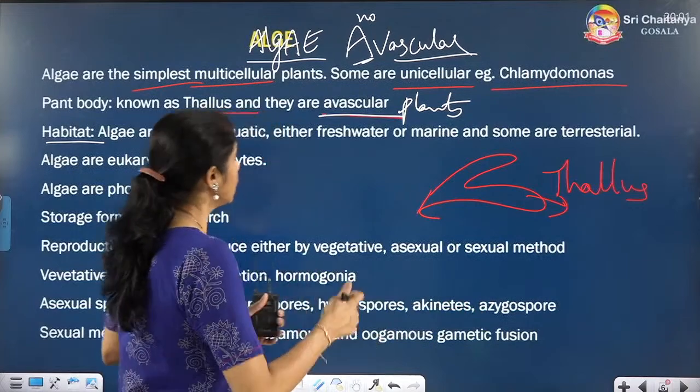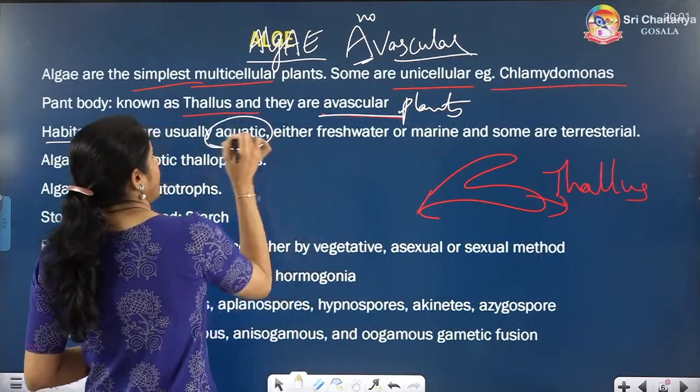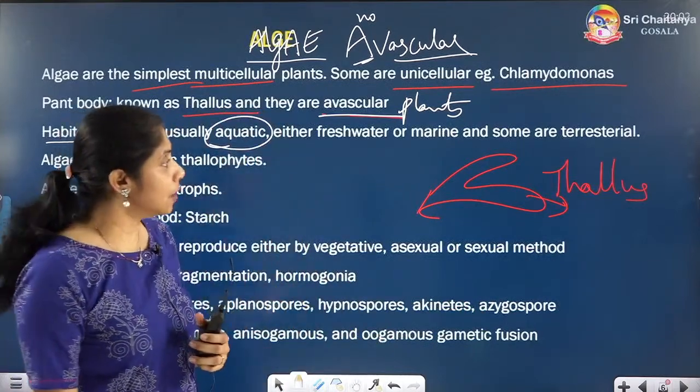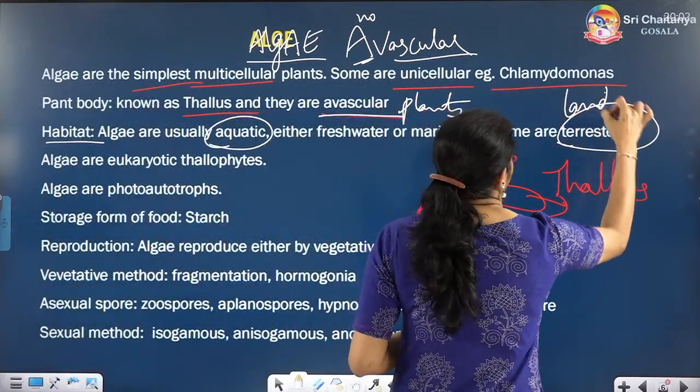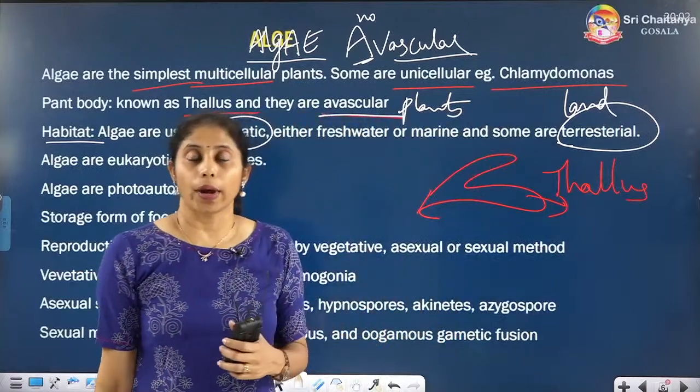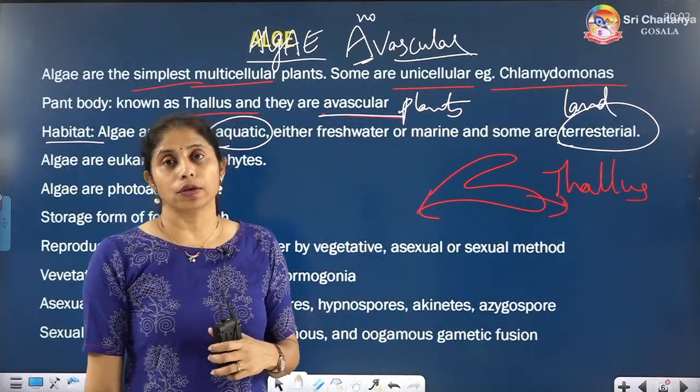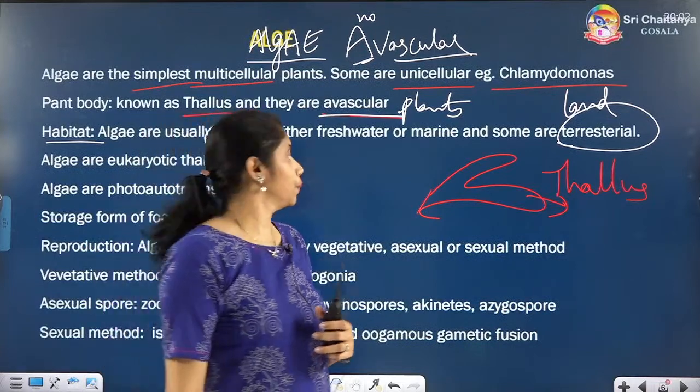Land means terrestrial. Mainly they are aquatic, but they can be terrestrial also.